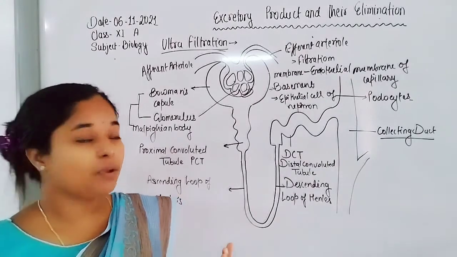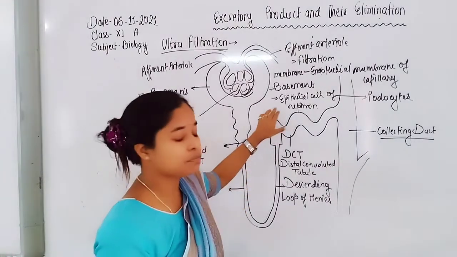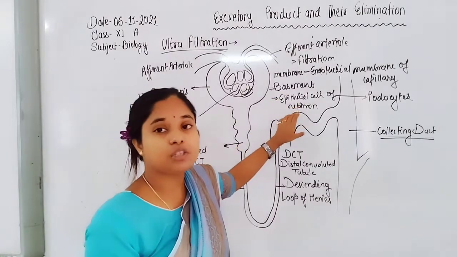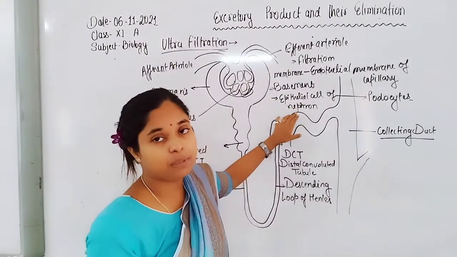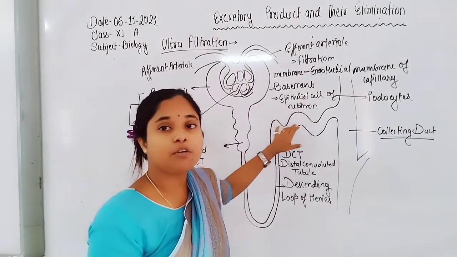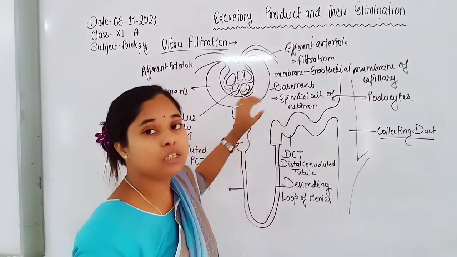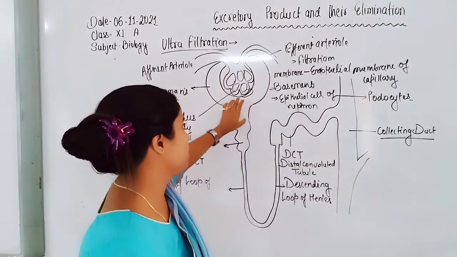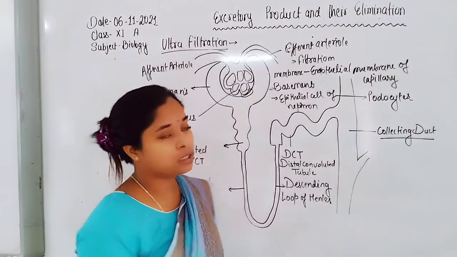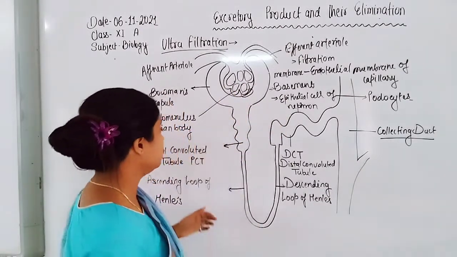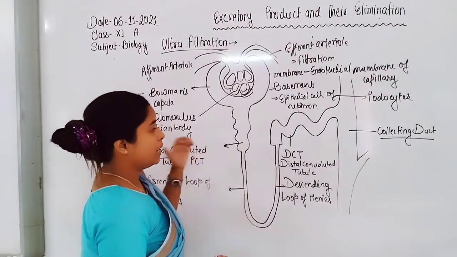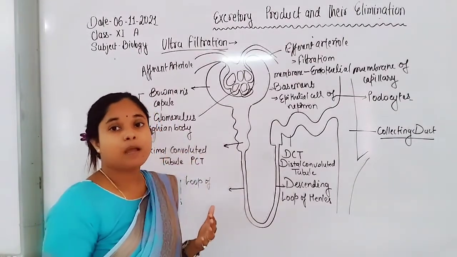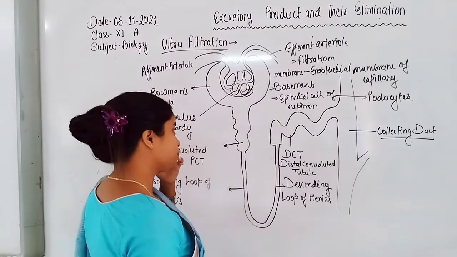Through this filtration membrane, all the blood constituents transfer into the Bowman capsule except protein and blood corpuscles.